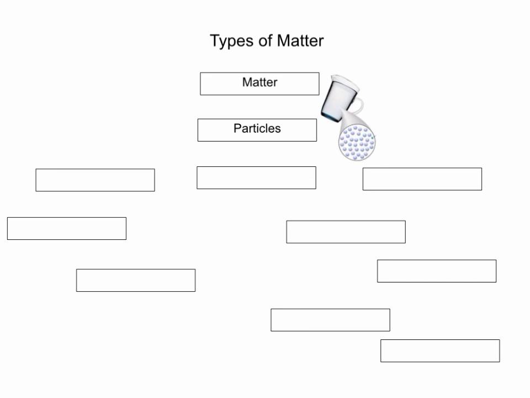Now, these particles come together in many different ways to form substances. And there are two main types of substances. We have pure substances, and we have mixtures.